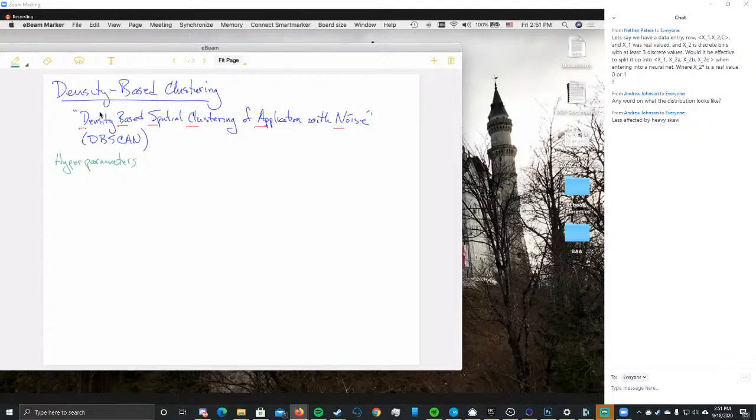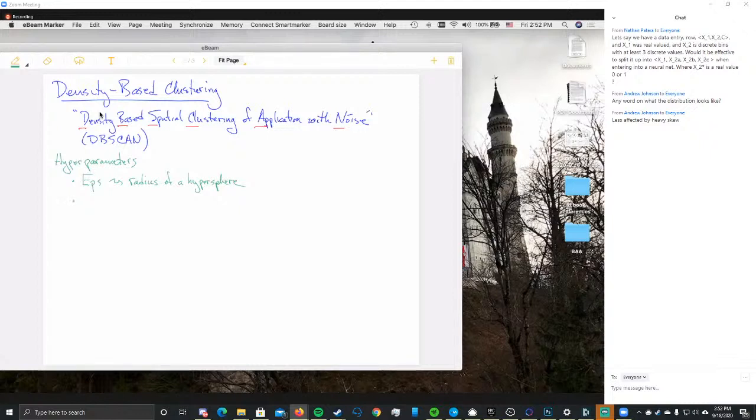Okay, so the first hyperparameter, we're just going to denote eps, think epsilon. And what this will correspond to is a radius of a hypersphere, and you can think of now laying this hypersphere down on top of every single individual data point in our data set.